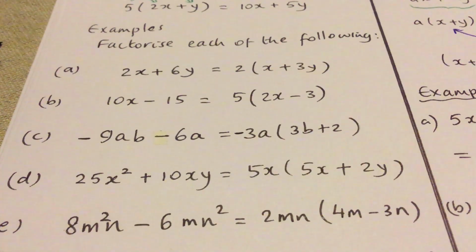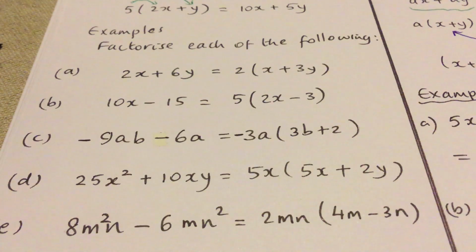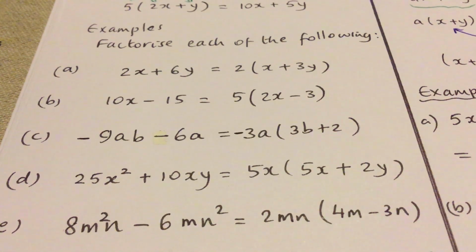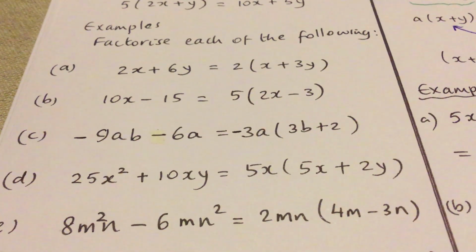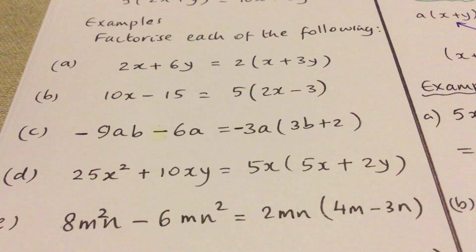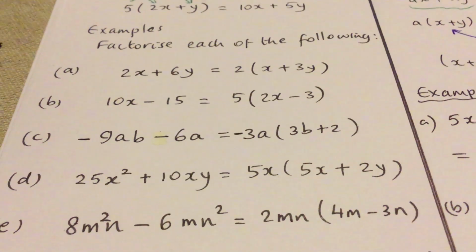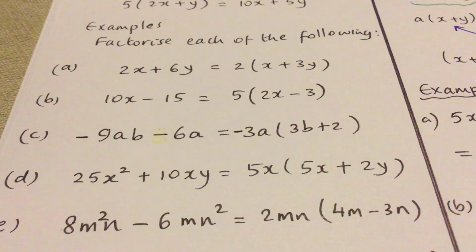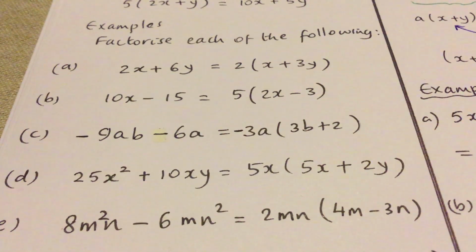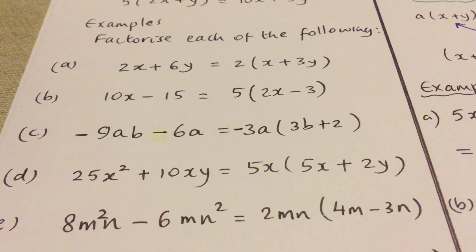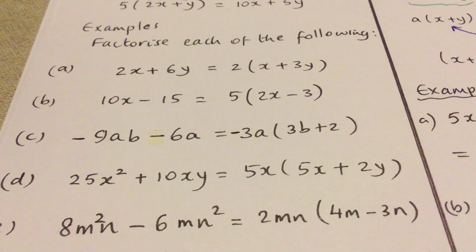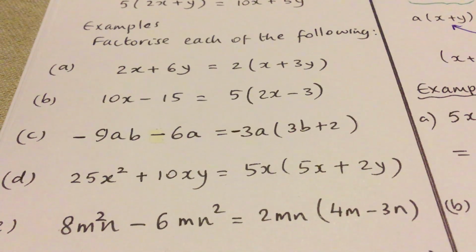Next example, 8m squared n take 6mn squared. Looking at the numbers, there's 2 that can divide both 8 and 6, so you write 2. And we can see the letter m in both terms and the letter n as well. So the common factors are 2mn. Then 2 times what will give me 8 is 4.